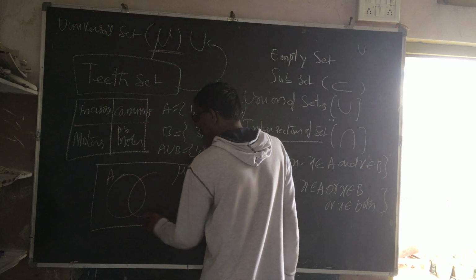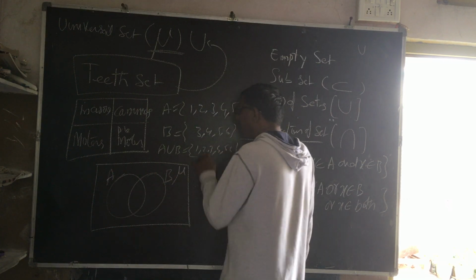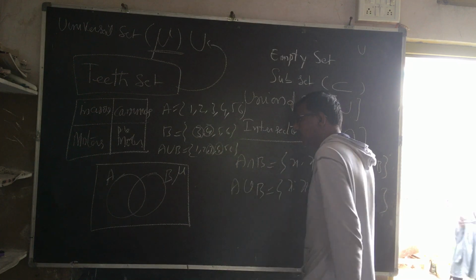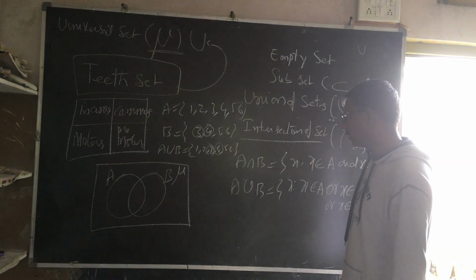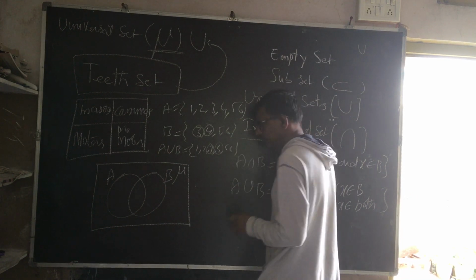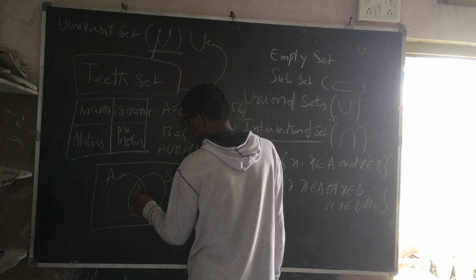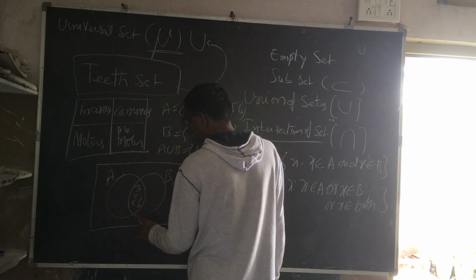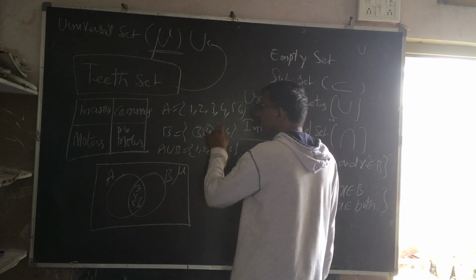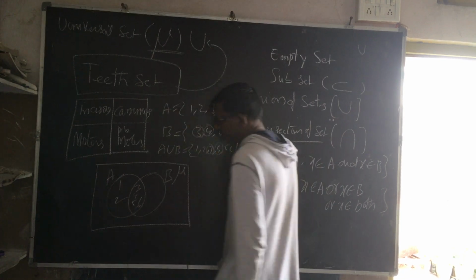I will write it on B like this first, and I will find how many common elements are there. How many common elements are there? 3, 4, 5, 6, right? And B and A have 1, 2, right?